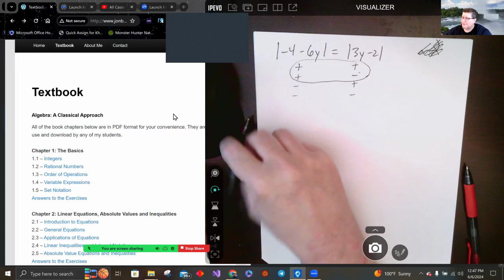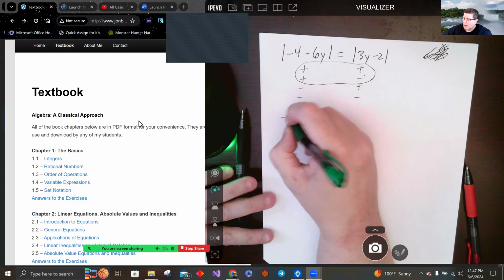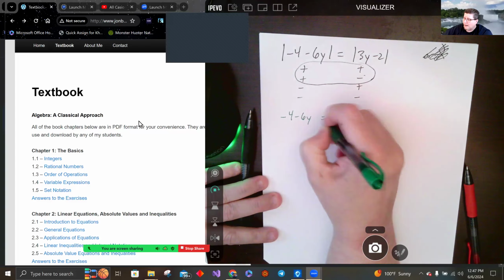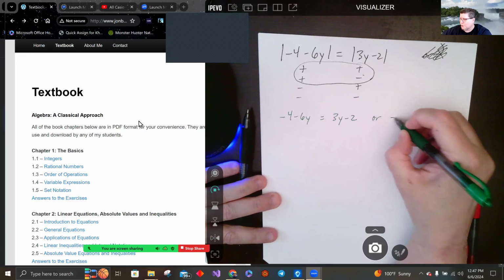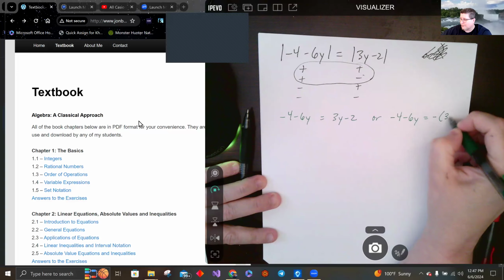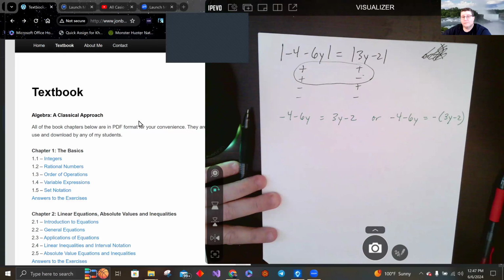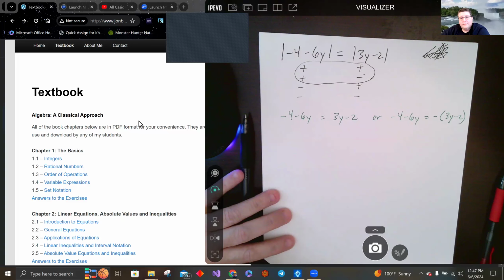So when you have two absolute values, you drop the absolute value bars for both, and then for one of the sides, you put a negative around it with parentheses. Okay.